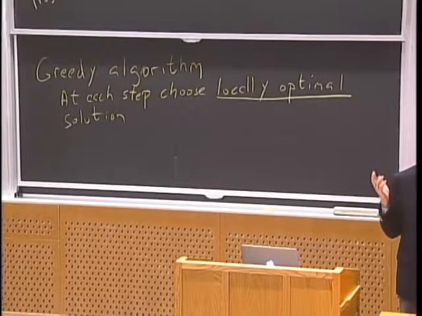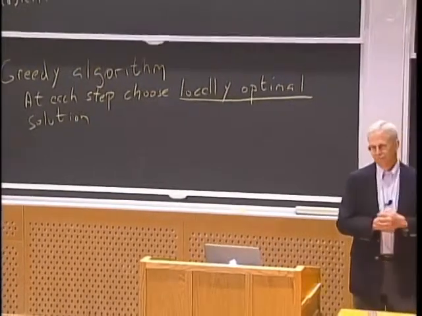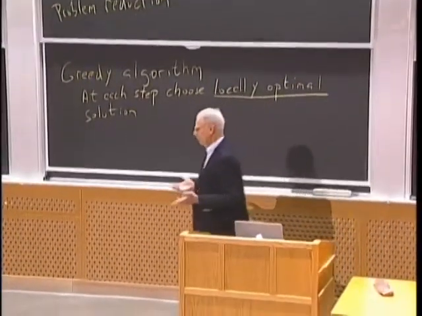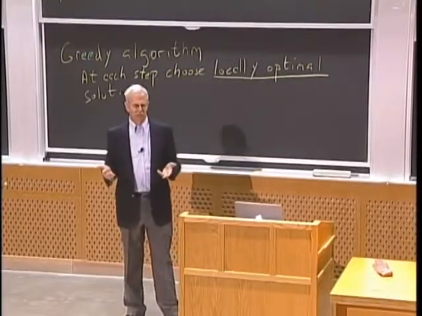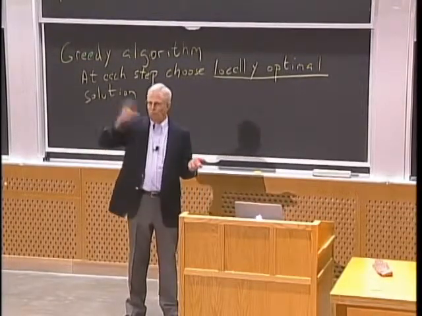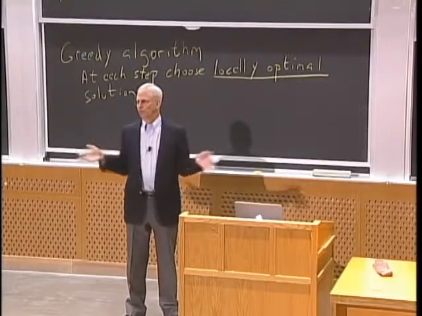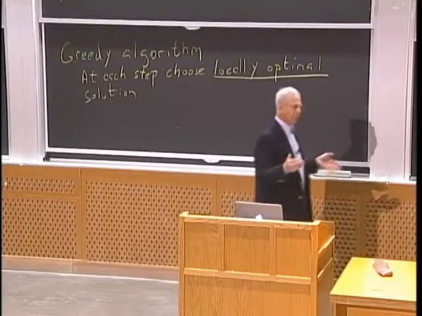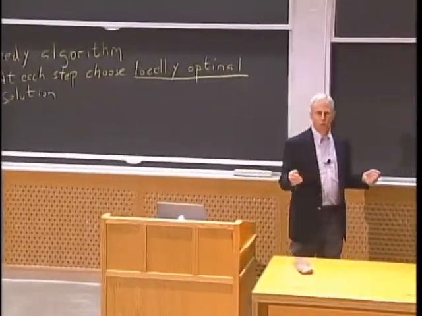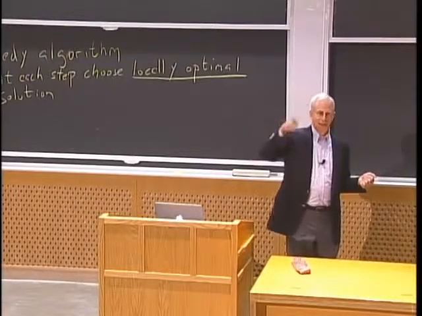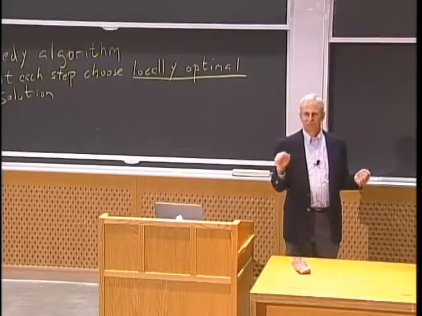And I'll do that till I run out of valuable items. Or you could at each step say, well, what I'm really going to choose is the one that weighs the least. That will give me the most items, and maybe that will give me the most total value when I'm done. Or maybe at each step you could say, well, let me choose the one that has the best value to weight ratio and put that in, and maybe that will give me the best solution.